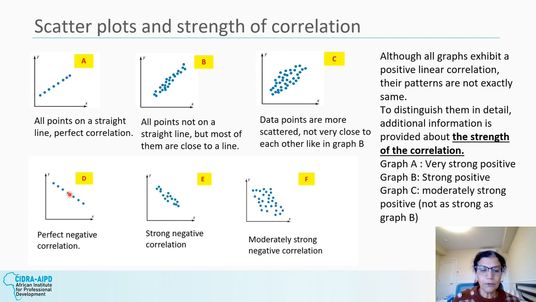Not all points on the same line, but still close to each other, and the pattern is downward. Points are not very close to each other, so moderately strong negative correlation. So whenever we describe correlation, we specify the direction as positive or negative and strength as strong, moderately strong. Sometimes we also see a weak correlation.